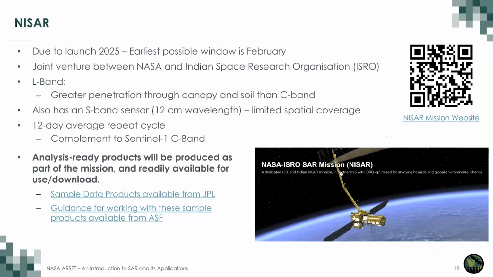So if you want a sneak peek at how these data sets will look, these sample products are generated using ALOS-2 data. So it's L-band data, similar to NISAR, but it's in the NISAR format. So you can get accustomed to how you will be working with these data sets if you want to take a look at that.